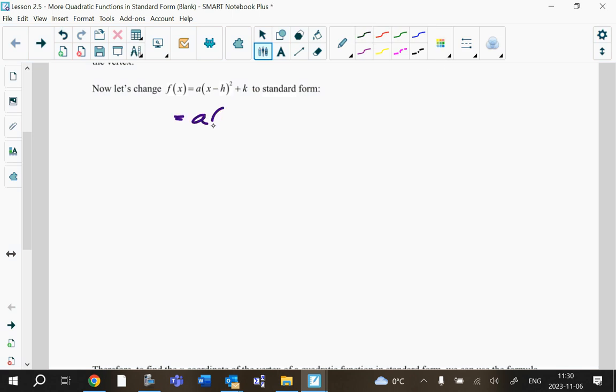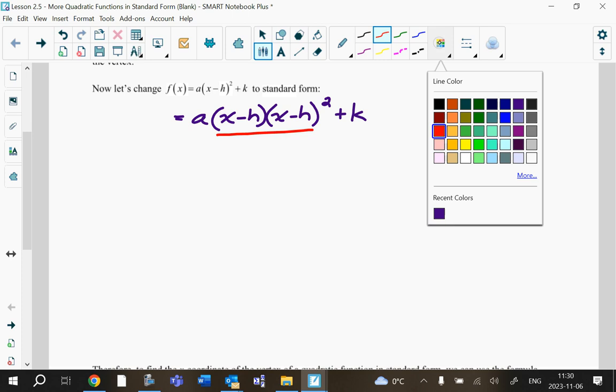well, x minus h all squared means the same as x minus h times x minus h. So all I did was expand that. Now I'm going to multiply these two, keeping in mind this answer all has to be multiplied by a.